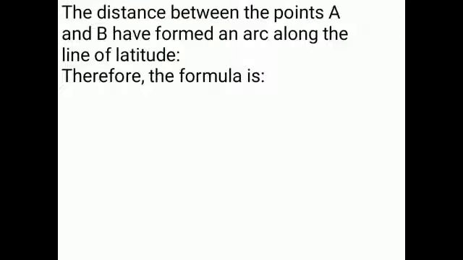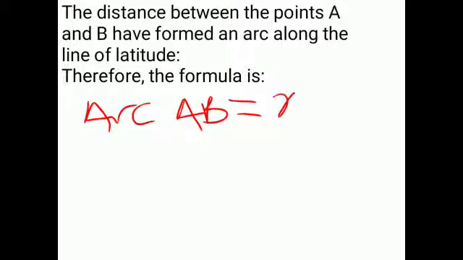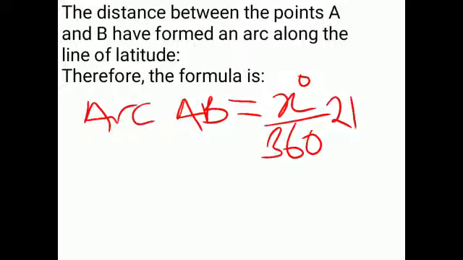All right. So let's see how the formula will look. For us to calculate the distance between the points A and B, which is forming an arc, we say arc AB is equal to the angular difference subtended at the center of the circle by the arc over 360, multiplied by 2, multiplied by pi, multiplied by the radius.